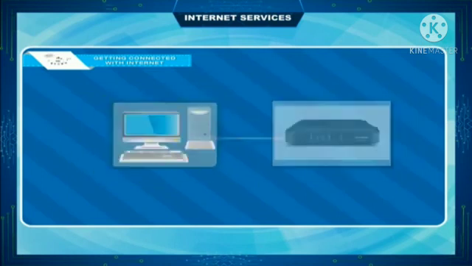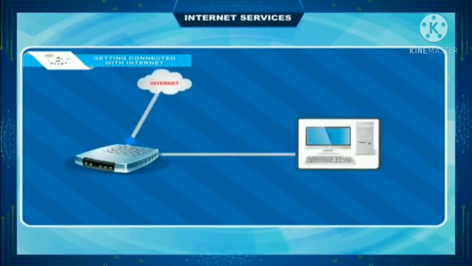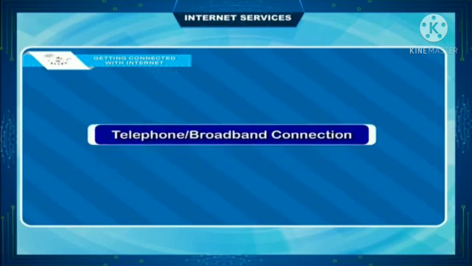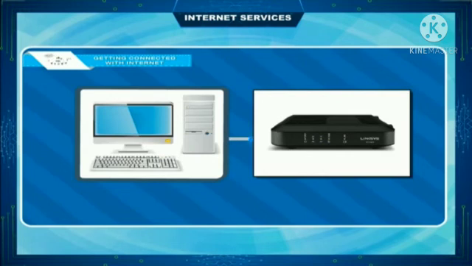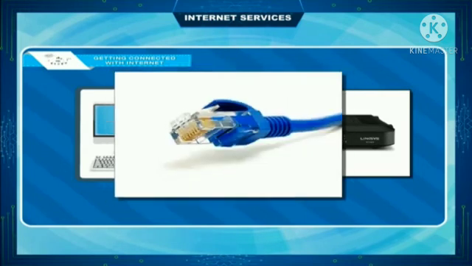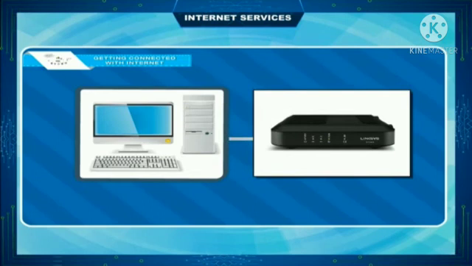The word modem is derived from a combination of the words modulate, to change digital signal into an analog signal, and demodulate, to convert an analog signal into a digital signal at the receiving computer. Telephone or broadband connection. Computers that are the part of Internet communicate through telephone or ISDN lines. The data is transferred through telephone or ISDN line.